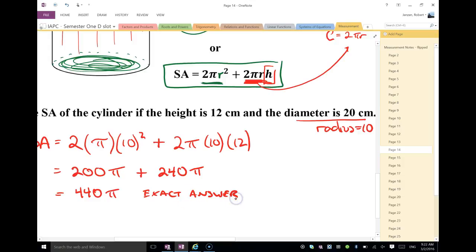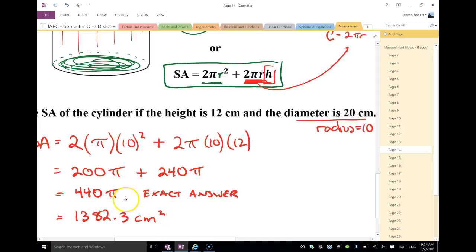Why is it exact? Well, pi is an irrational number. Its decimal representation goes on forever. So the second you write down an answer, let's try it: 440 times pi equals 1,382.3 centimeters squared.